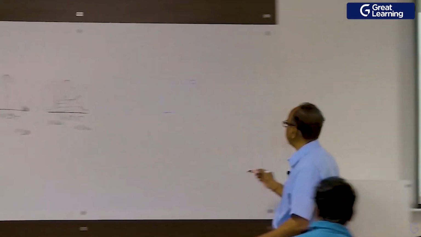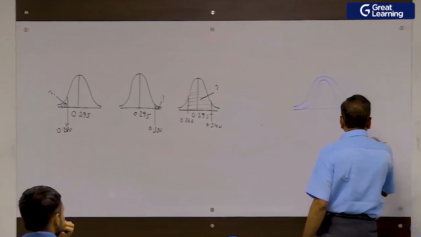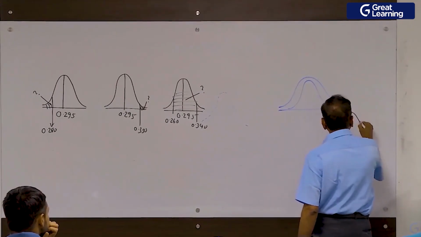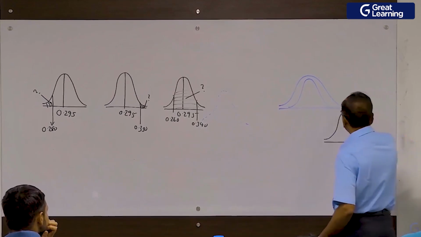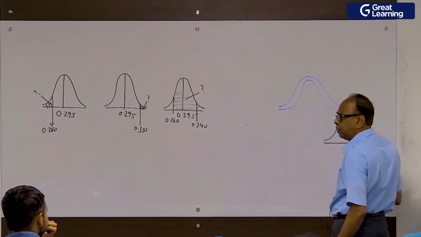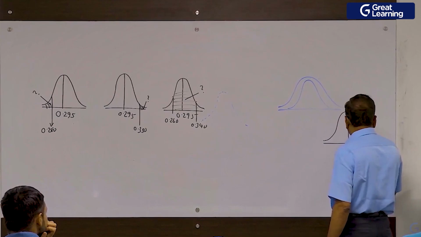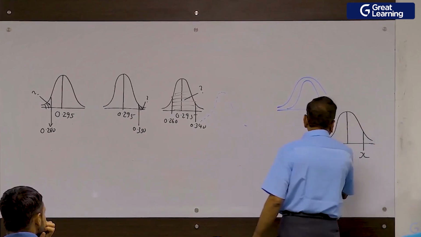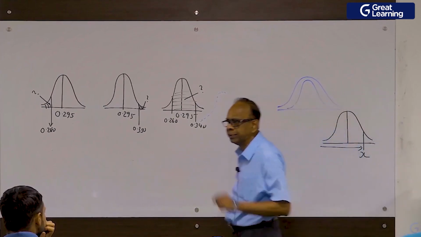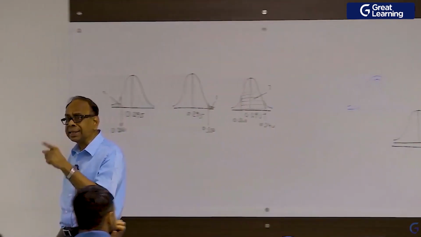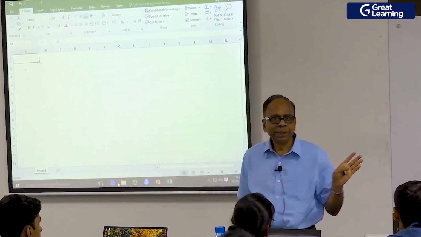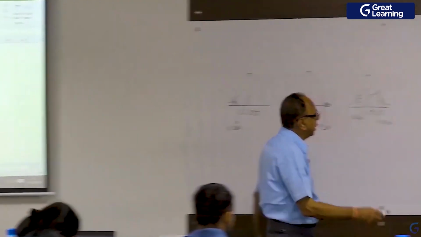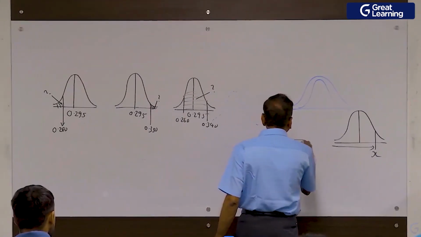Excel's convention is if I have any normal distribution, I need not convert it to Z. I can do it in Z also. It gives the cumulative probability for X, from the left to X. X can be on the right or the left.